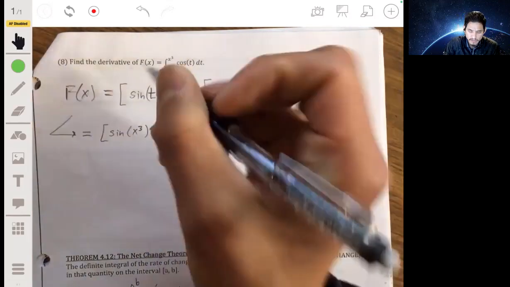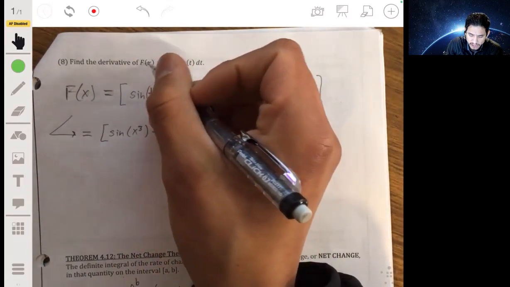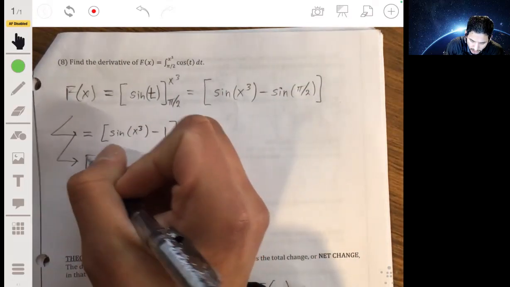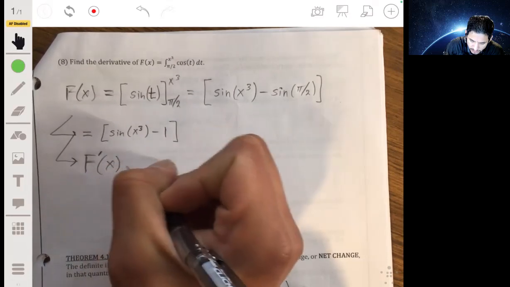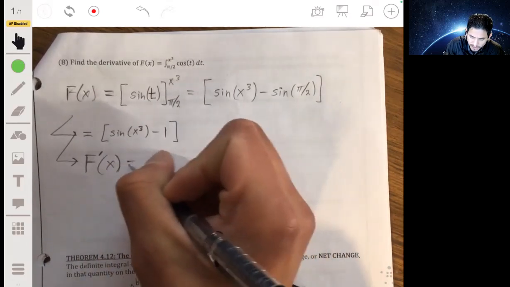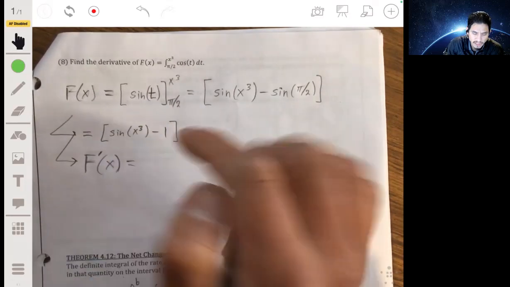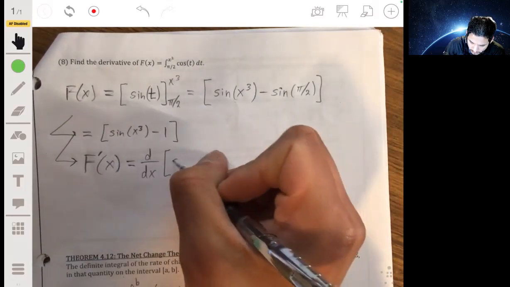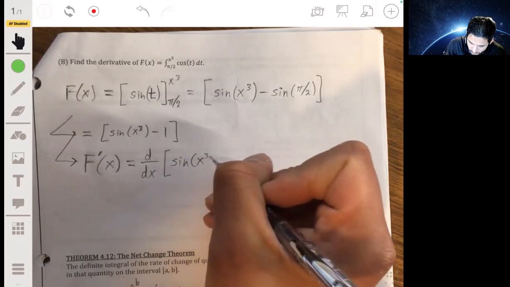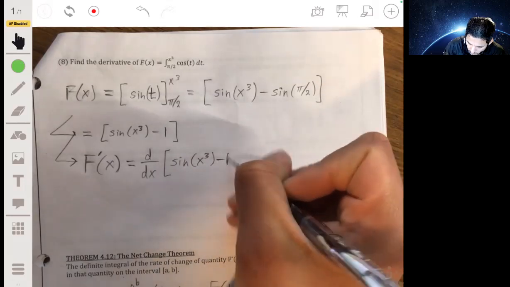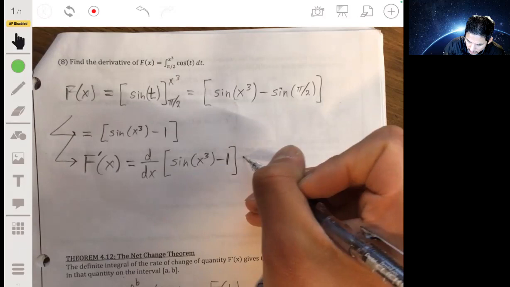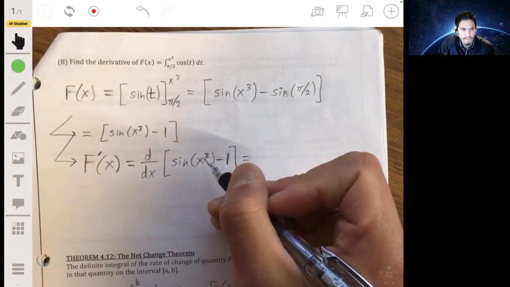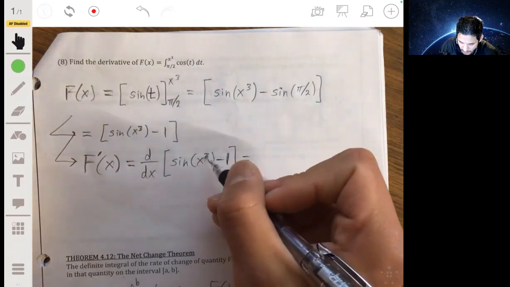Now, we're trying to find the derivative of large F of x, so we're actually trying to find large F prime of x. So we just take the derivative of this with respect to x. We're applying the differentiation operation. Using the chain rule, we multiply by the inside derivative first.